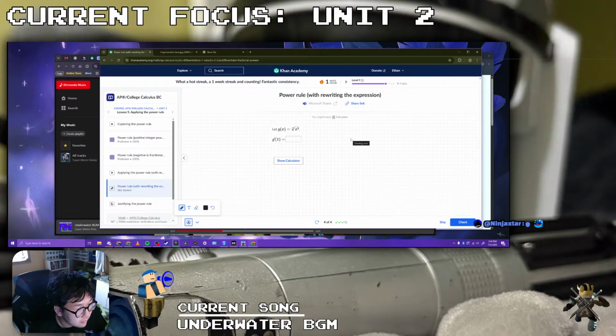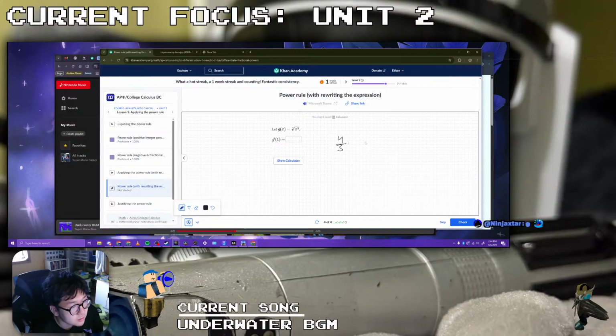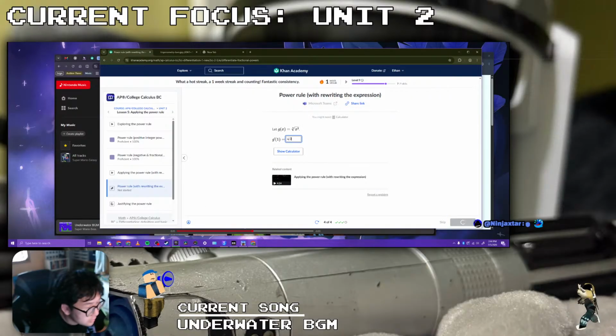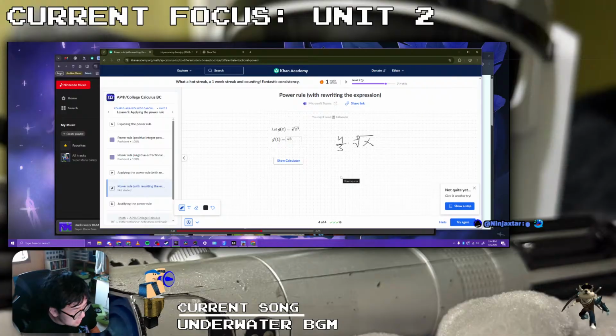Okay, now we plug in a value. So this is going to be 4/3 times the cube root of x. So it's just going to be 4/3 because it's 1. Okay, so I did this wrong. Is it not?